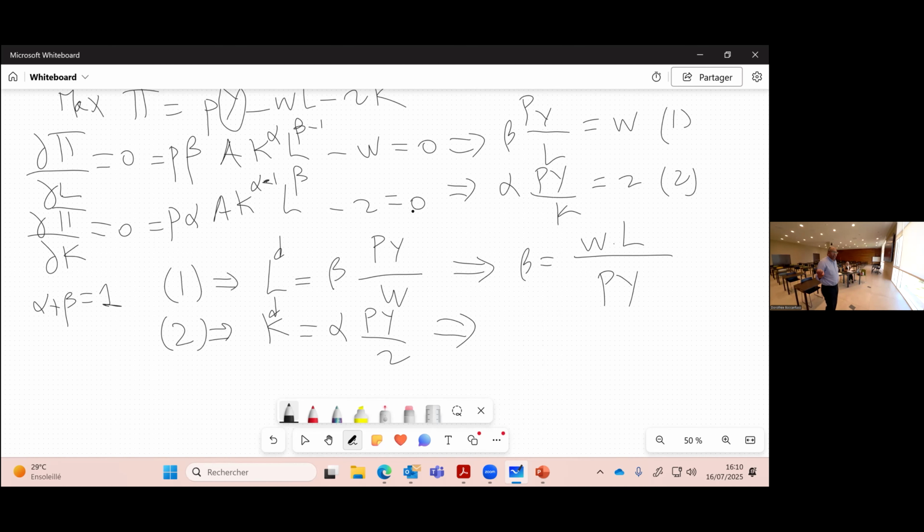The interpretation is clear. When we are using prices, beta is the share of salaries in our activities, because this is the price of the output, and this is the price or the salaries in this. This is the same thing for the other one, for the capital. We can deduce the same thing. This is the interpretation for the two parameters.